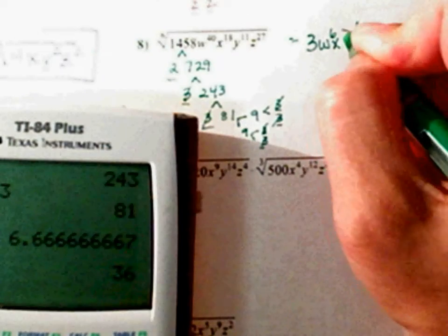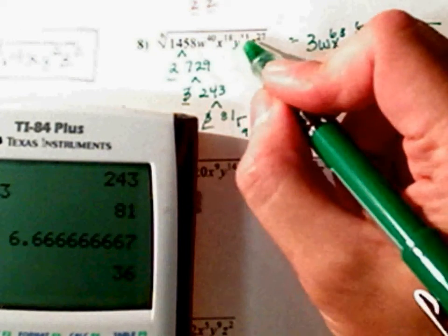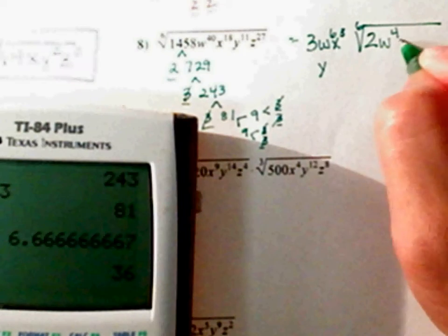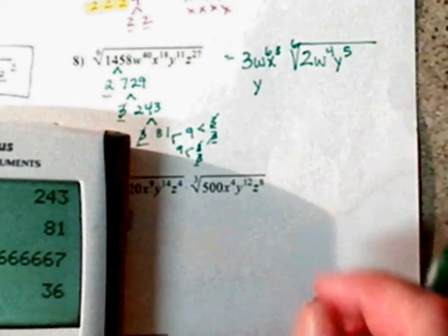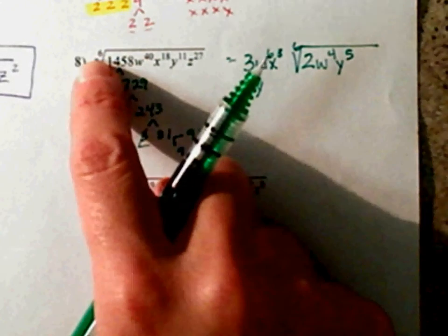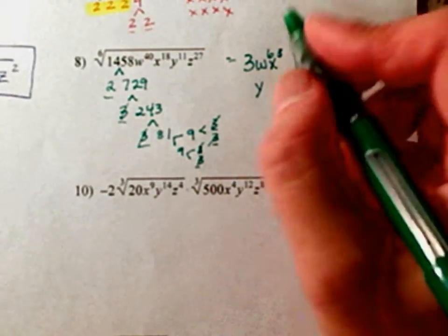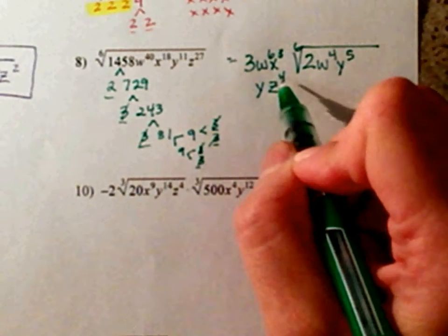Your y, 11 divided by 6 gives you 1 y with 5 left over. I'm running out of room, so I'll make sure I write it down here instead. Your z, 27 divided by 6 is 4. 6 times 4 is 24. From 27 that leaves you 3.